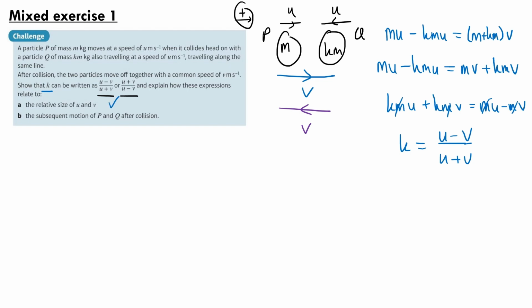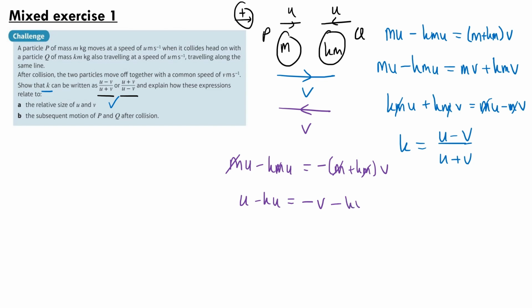Now if we look at the other option, the purple option, where we have the two particles moving to the left after the collision. It's going to be the exact same thing for before the collision. Then we're going to have a minus momentum afterwards. Okay, we can cancel out the m's again, and we have u minus ku being equal to minus v minus kv.